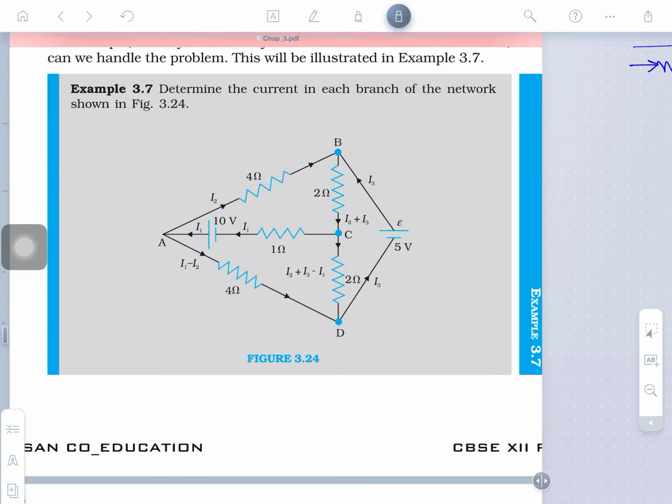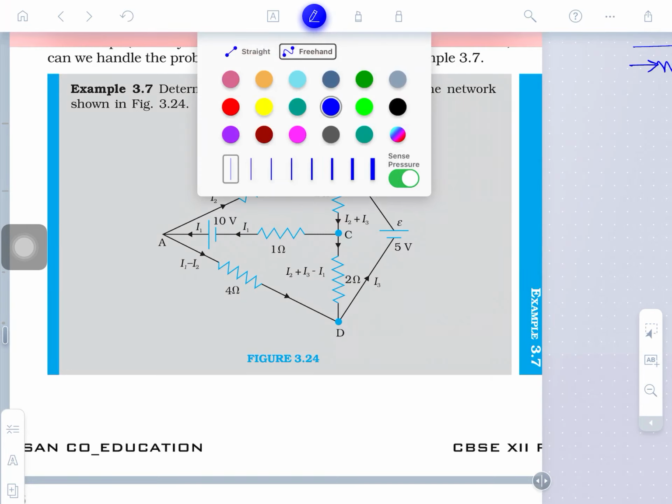There is another question. How can we solve this question? We can again solve it in the same manner. The question can be taken here.